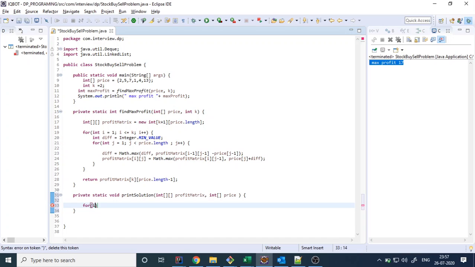Just for awareness purposes, I'm printing all the values of the matrix, right?